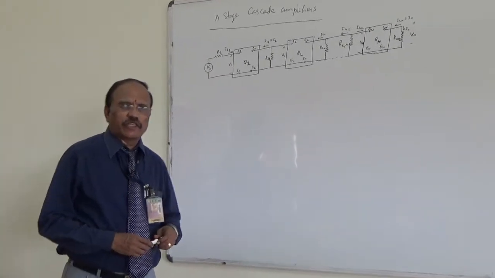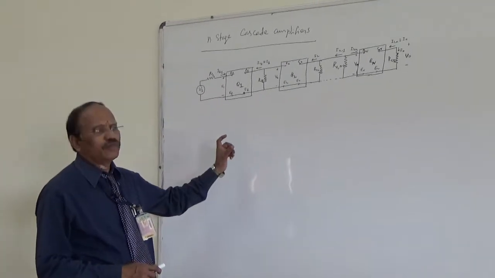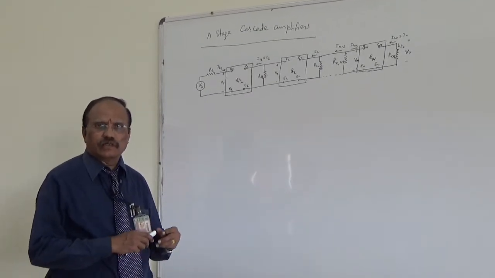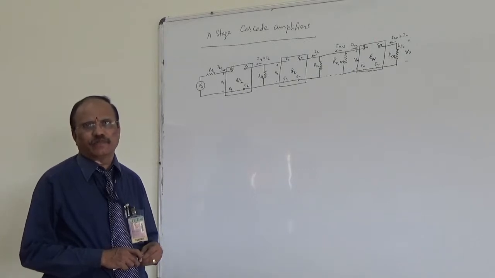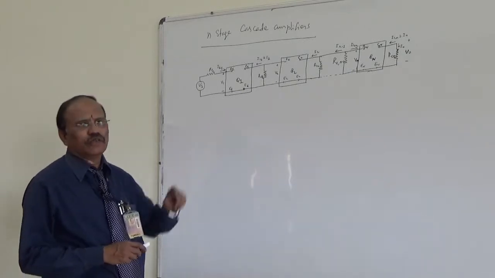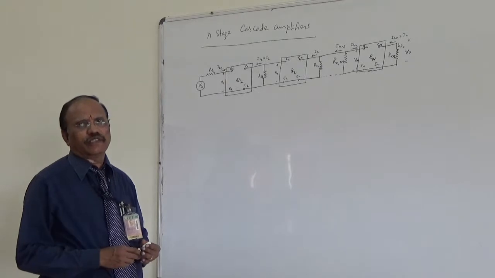So earlier we have determined the voltage gain of a single stage transistor amplifier by using h parameters. So here we can take for one such intermediate stage the voltage gain.